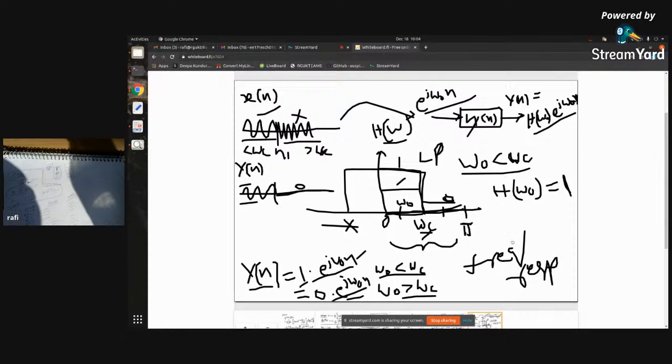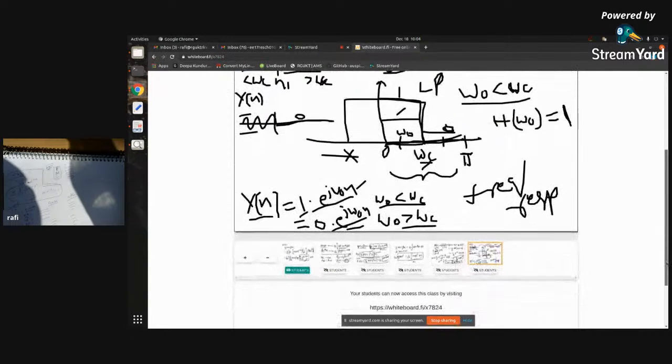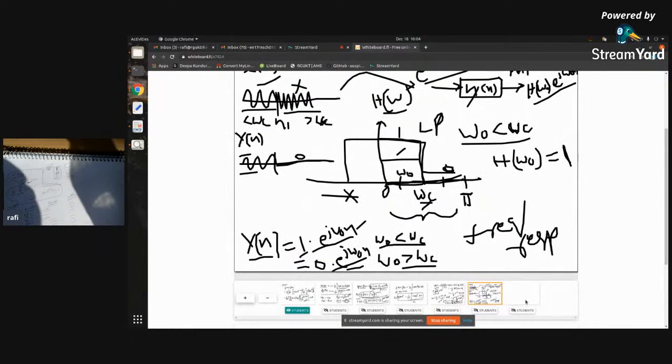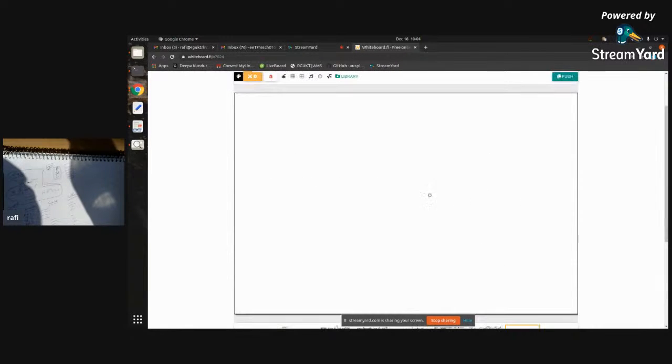So likewise, by plotting the frequency response of different systems, you can know how they behave. For example, you have a system like this. This is 0 and from omega c to pi, it is 1. So that is h of omega.